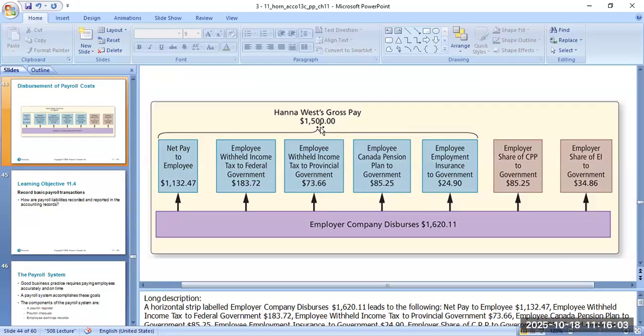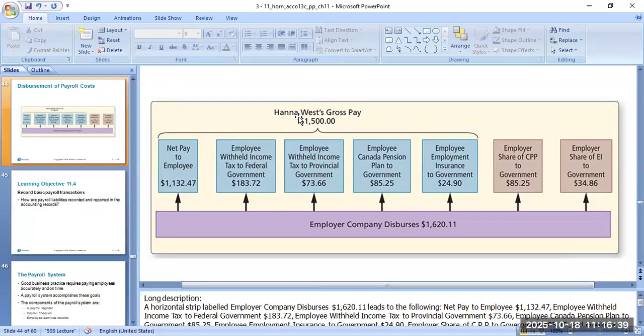Well, she's going to get $1,500 minus income tax deducted, $183, that's the federal taxes. Provincial taxes, $73.66. Canada Pension Plan, $85.25. Employment insurance, $24.90. So Hannah is going to get only $1,132.47. These are the consequences for Hannah.